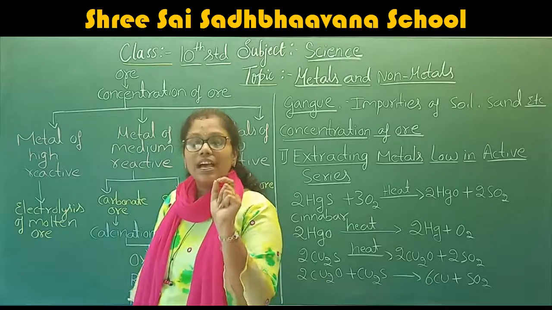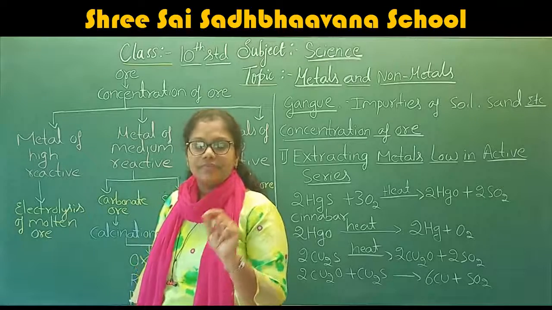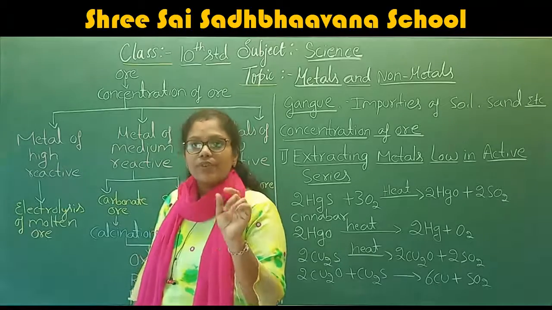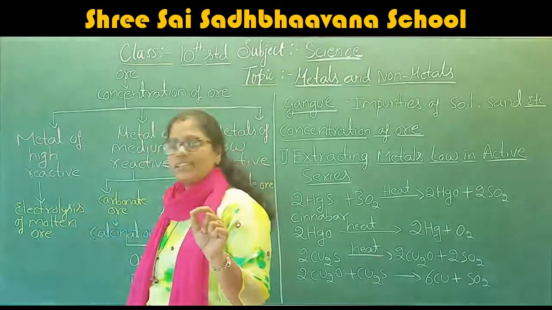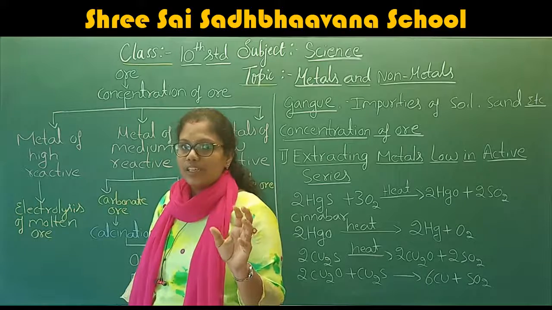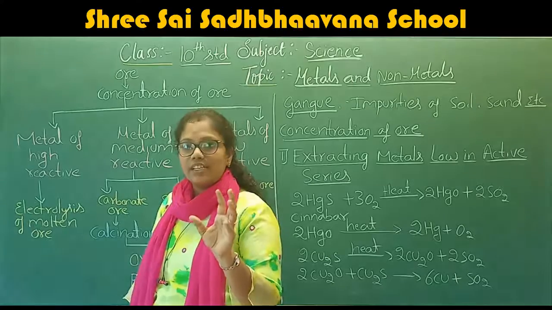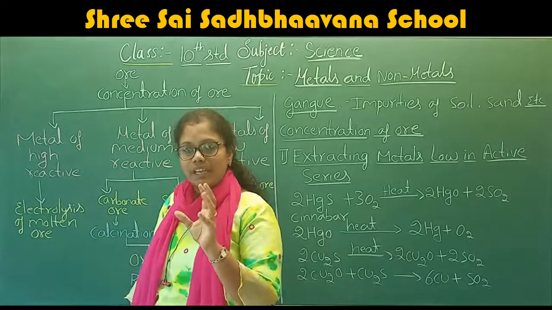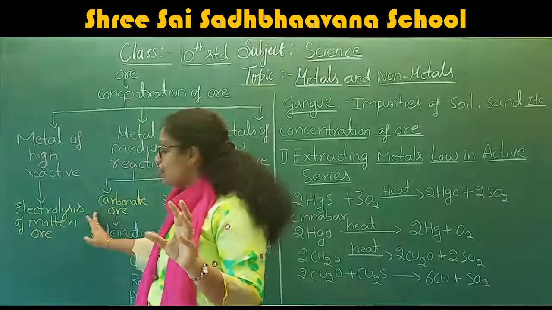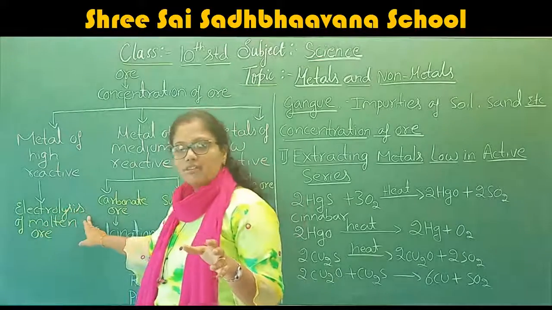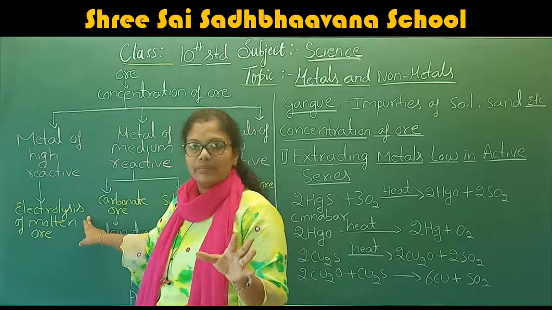When the metal has high reactivity, we do electrolysis. You already know what electrolysis is: the process of passing current through the anode and cathode to remove the impure metals. That is known as electrolysis. It is a simple method.